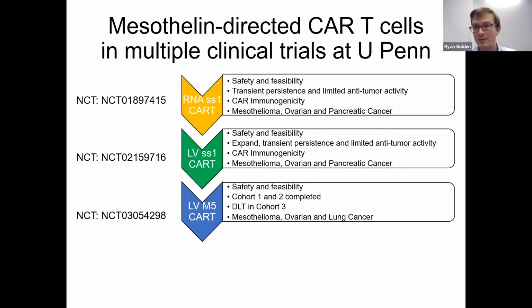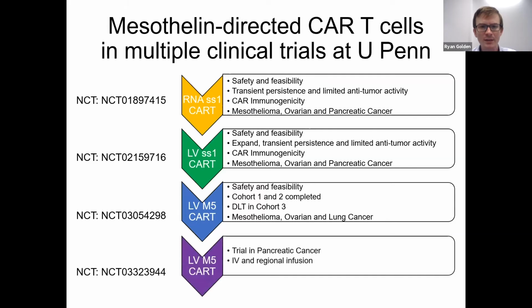This is something that obviously we're aggressively pursuing, understanding how this happened. And lastly, we have another trial specific to pancreatic cancer where we're testing the M5 CAR T cells, not just by IV infusion into the patient, but also by regional introduction of the CAR T cells.